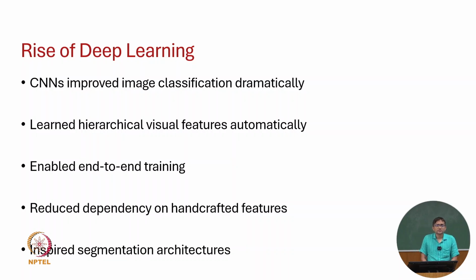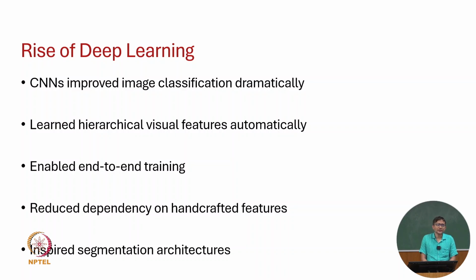Then, we have already studied that from the early 2010s, with the rise of deep learning, CNNs improved image classification dramatically. This enabled learning of hierarchical visual features automatically.